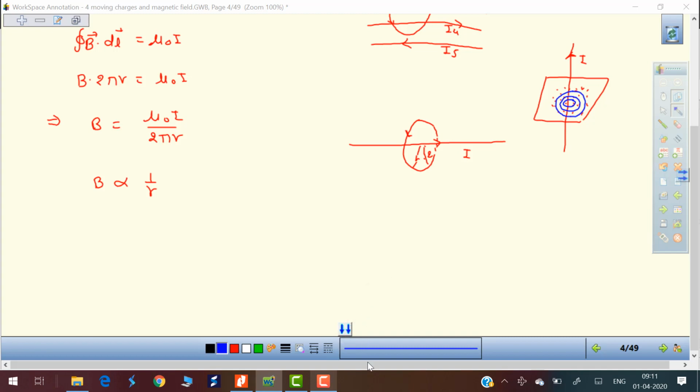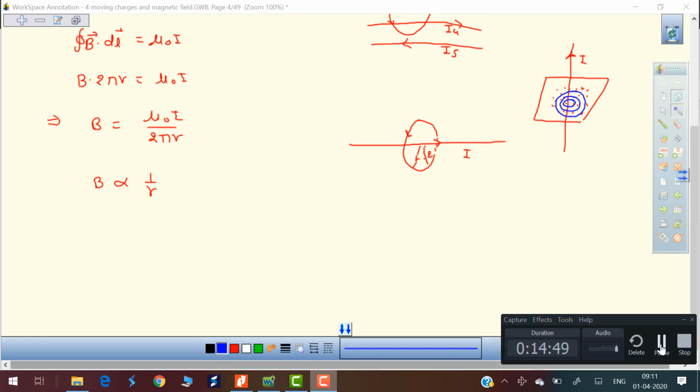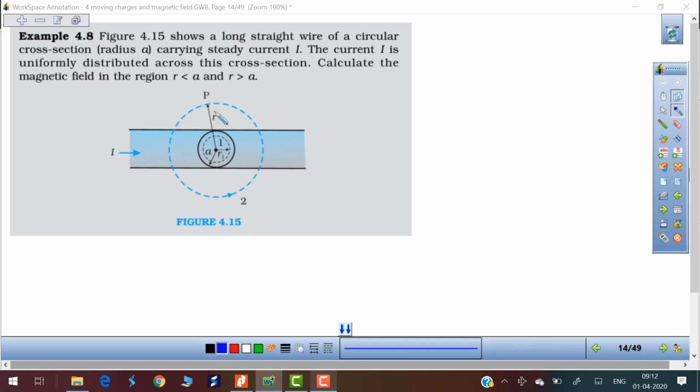We take one example. It is already given in the text. That is Udaharan 4.8, illustration 4.8. I go for that. In this figure, this is very long, circular cross section, radius is A. I draw it in a different way.